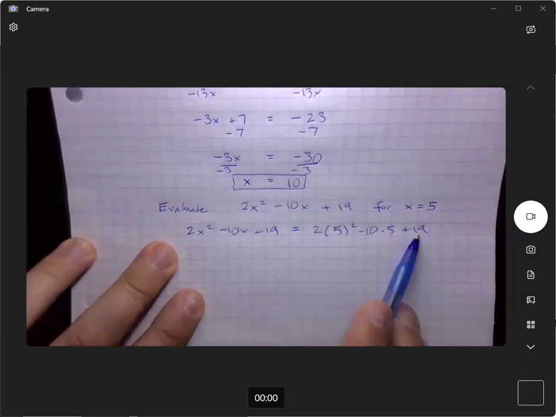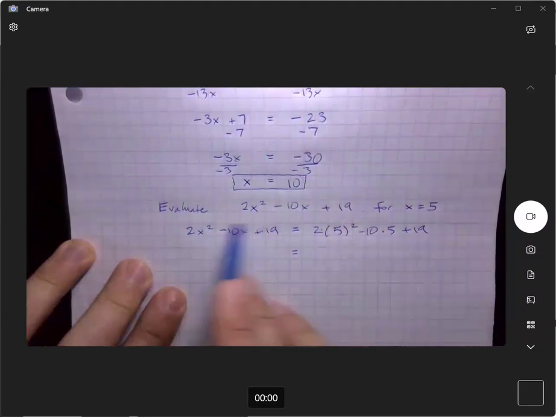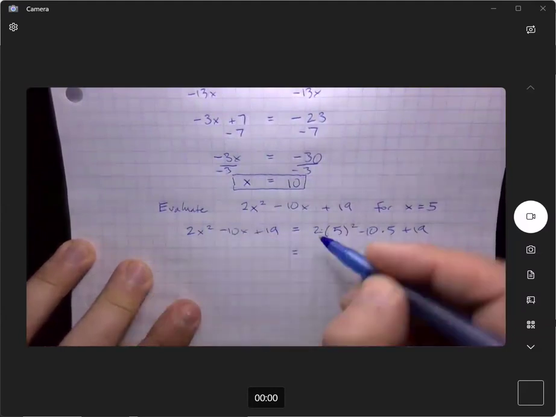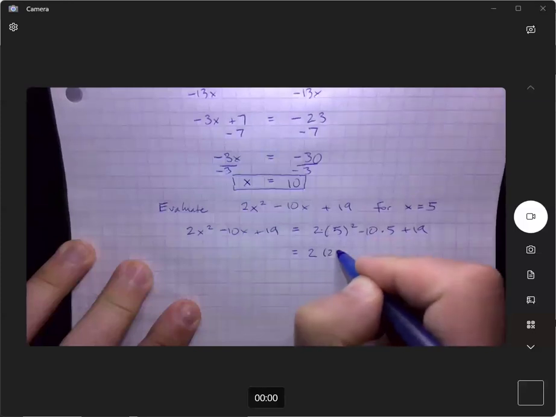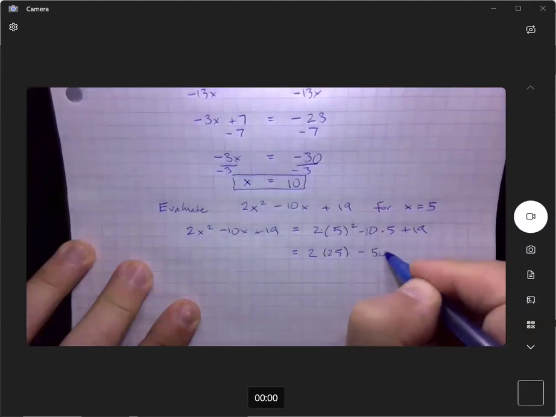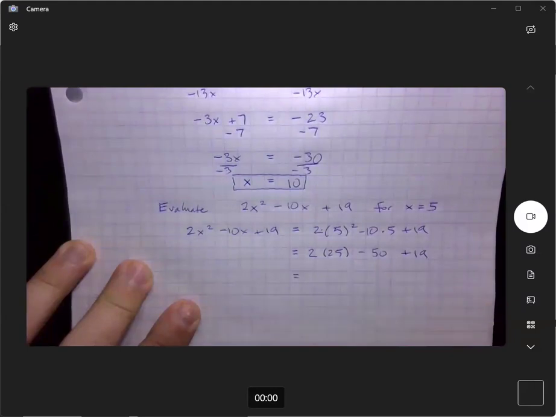And now I'm going to simplify the right side. And when I do that, I'm just going to leave the left side blank. This left side is just going to be empty spaces because I'm not doing anything to this side anymore, and I'm just working on the right side. So 2 times 5 squared, which is 2 times 25. 10 times 5 is 50, and then plus 19. And I bring another equal sign down.